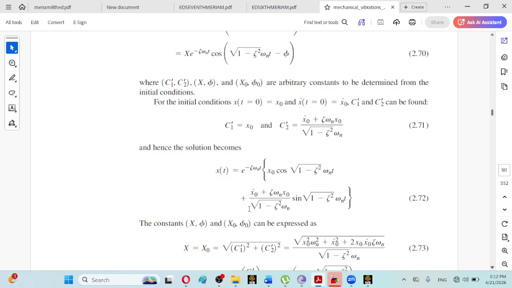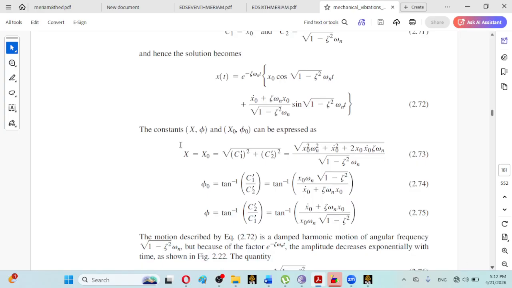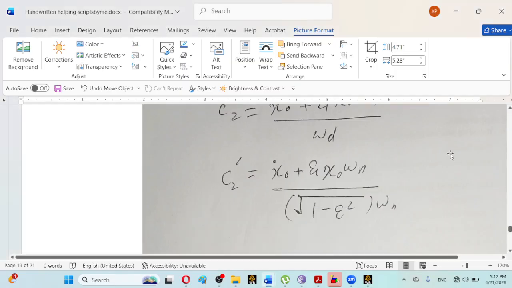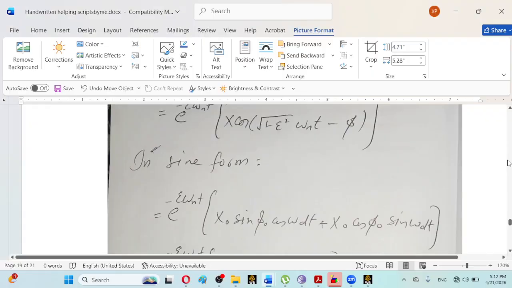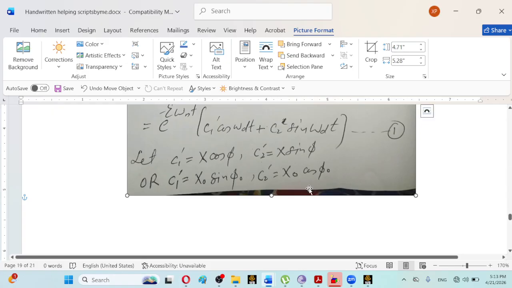And after that we are familiar that these constants, x and phi, or x naught and phi naught, can be simply obtained. As I have already told you, we did it at the start of the chapter, as we had made these assumptions.